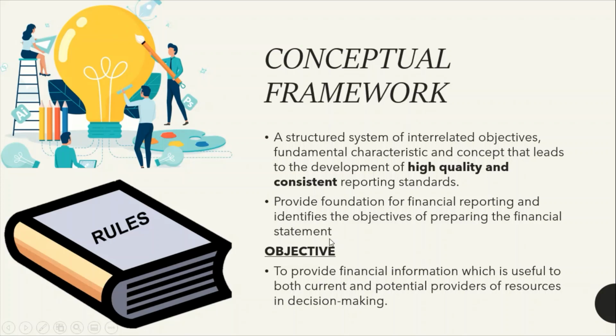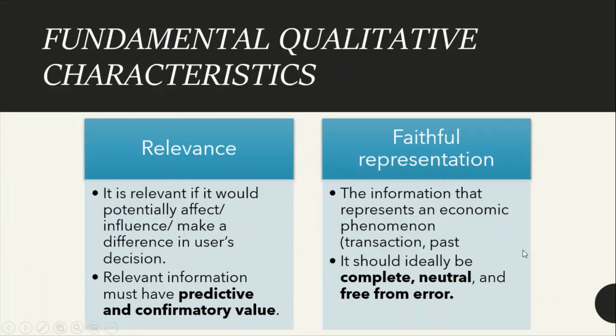Okay, let's move on. So the fundamental qualitative characteristics are divided into two, which are relevance and faithful representation. Information is relevant if it would potentially affect, influence, or make a difference in users' decisions. So relevant information must have predictive and confirmatory value.